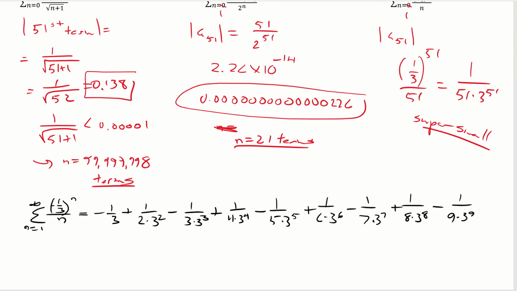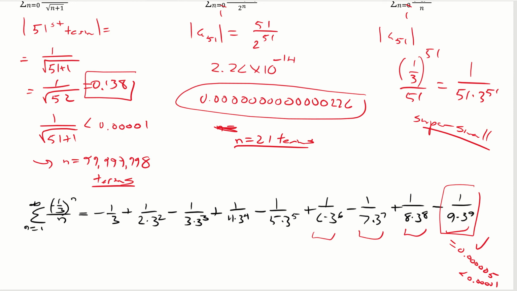I took my calculator and went term by term. This is the first one that's less than 0.00001. It ended up being 0.12345 and a 5, which is less than 0.00001. So that's the first thing that works.